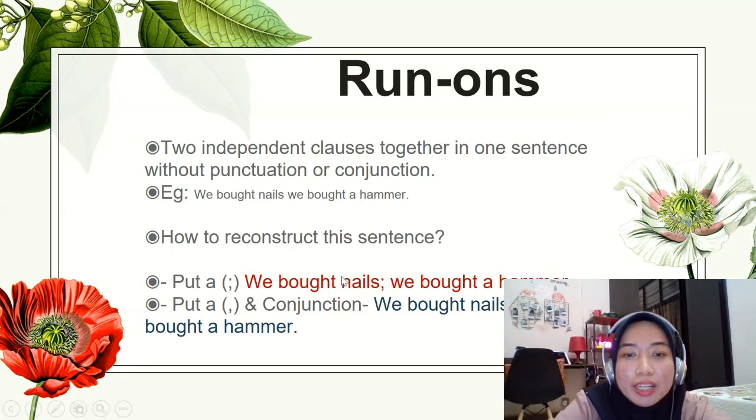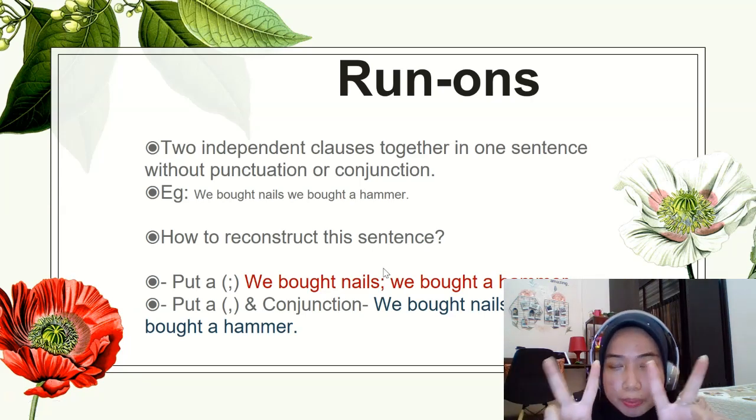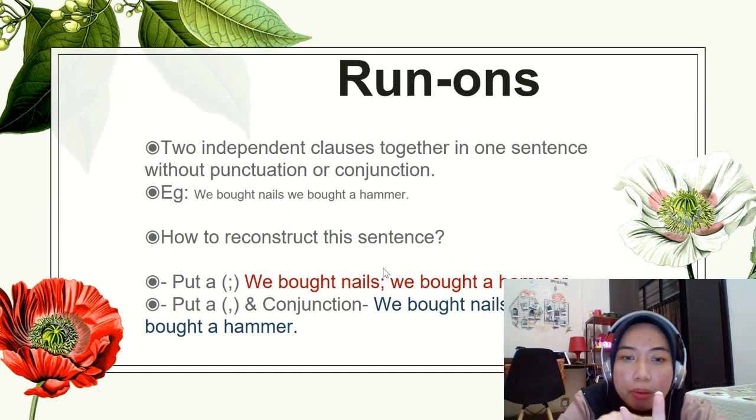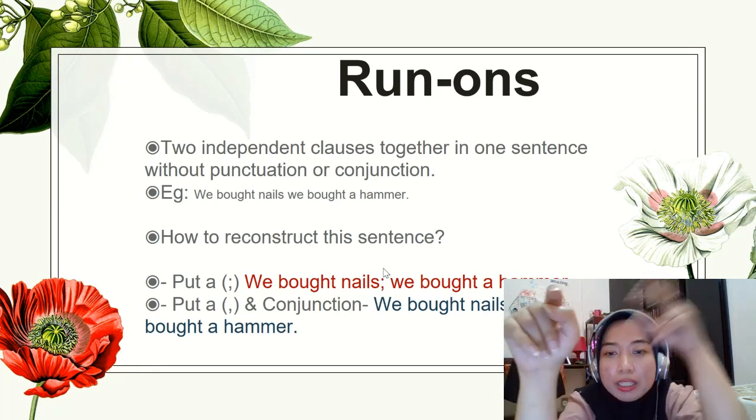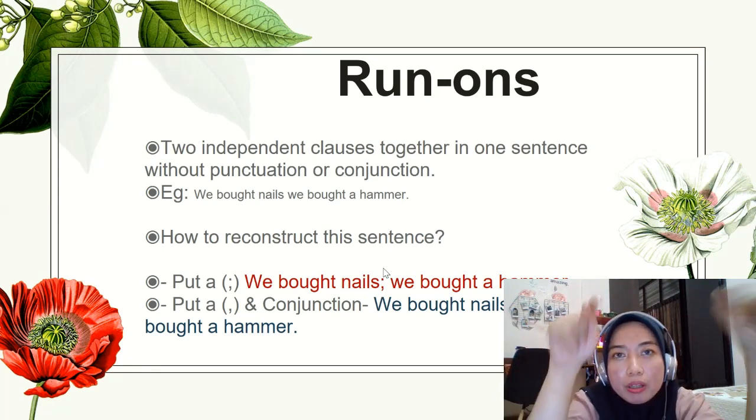So let's take a look at an example here. We bought nails. We bought a hammer. So we bought nails here. You can make a full stop here and make it into two separate sentences. We bought nails, full stop, one sentence, and another one, we bought a hammer, full stop.